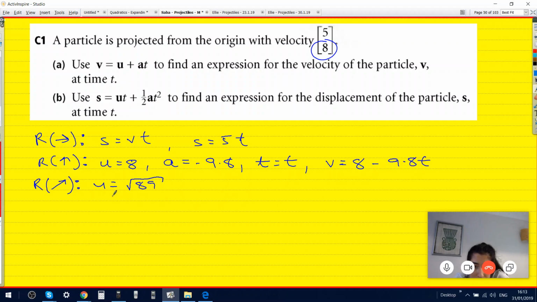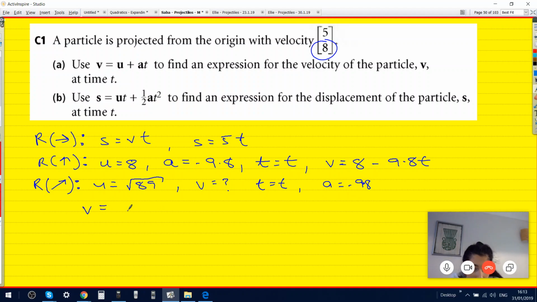Just in case they were asking for the diagonal one, V equals U plus AT at time T. So U is that, we have to find V, T is T, and I don't know A. Is A just minus 9.8? I doubt it, but let's try it.